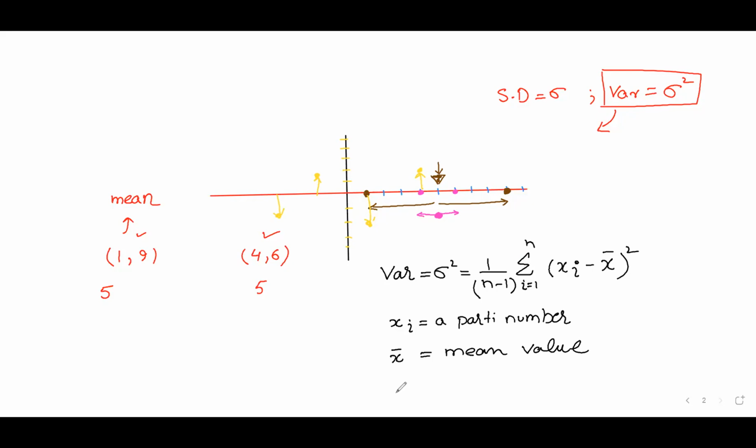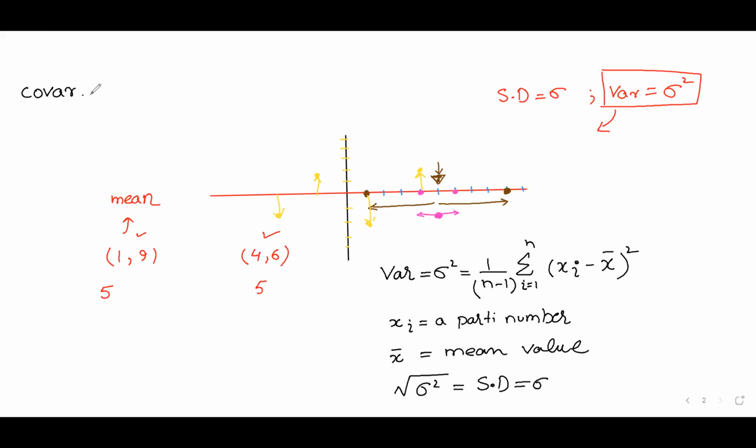If I take the square root of sigma square, it will be my standard deviation, which is denoted by sigma. And if you want to talk about the covariance, what is the covariance?